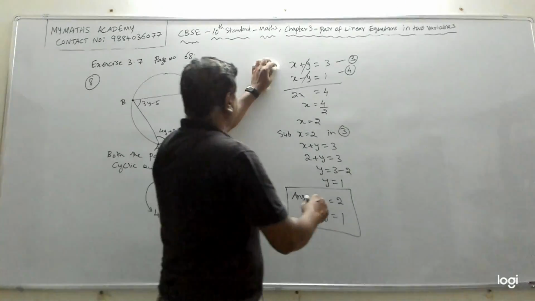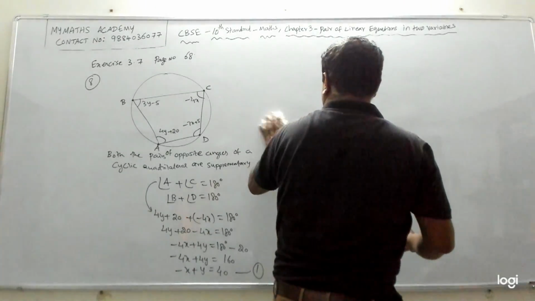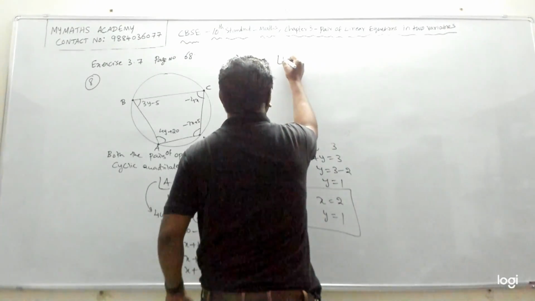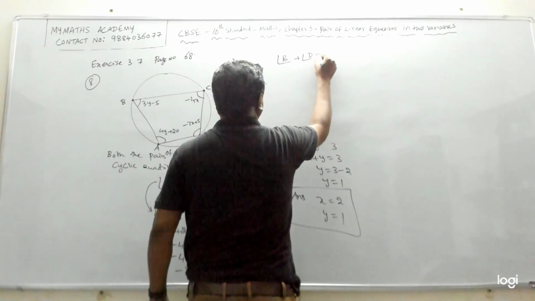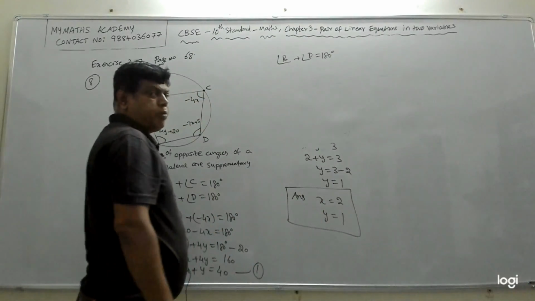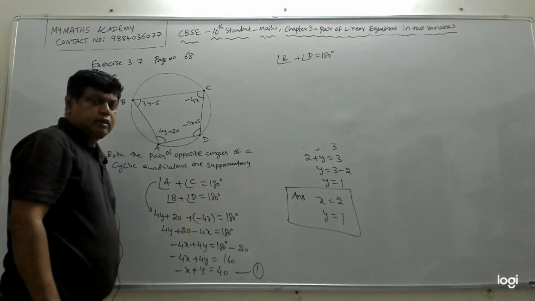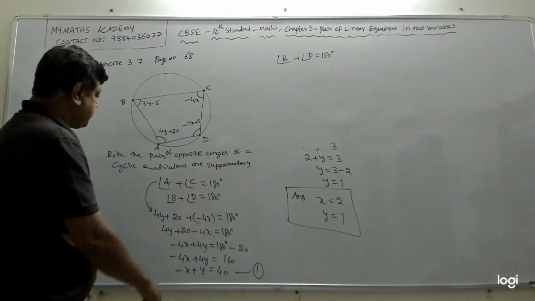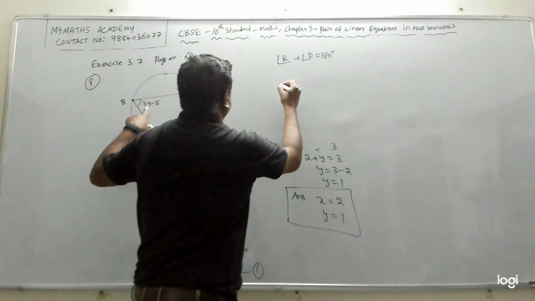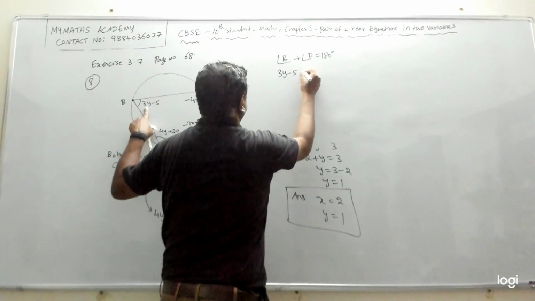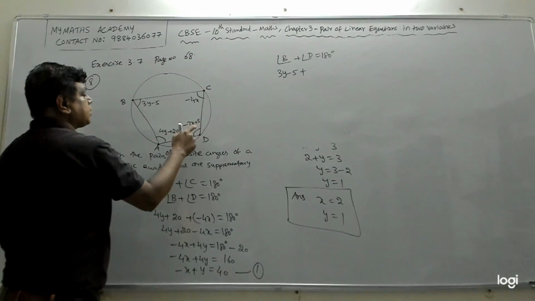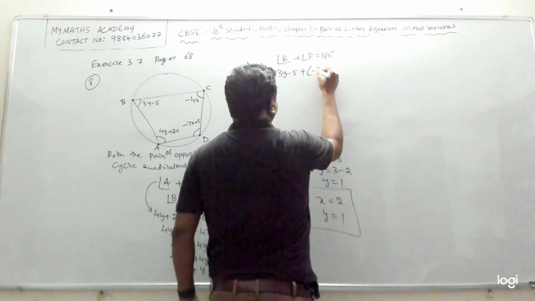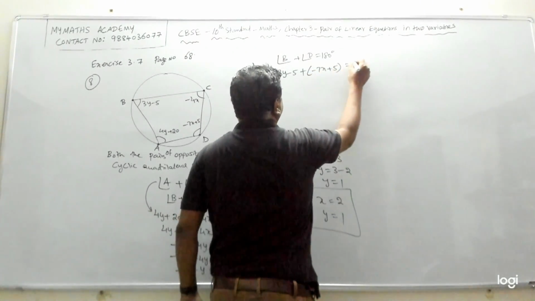Now similarly we will find the second equation from the second condition, which is angle B plus angle D is also 180 degree. That is one of the properties of a cyclic quadrilateral. Let's take B. What is B? 3y minus 5. 3y minus 5 plus what is D? Minus 7x plus 5, bracket, equal to 180 degree.